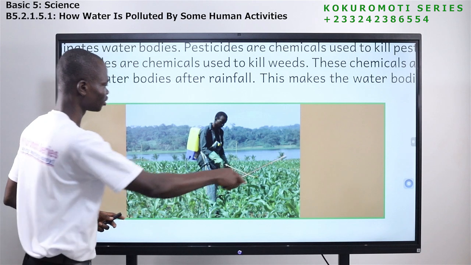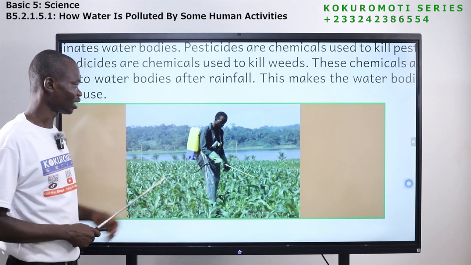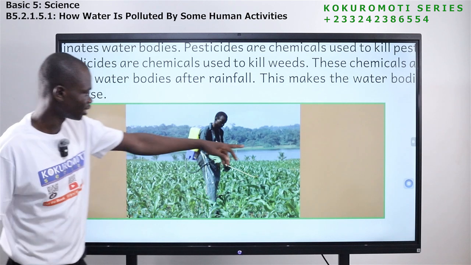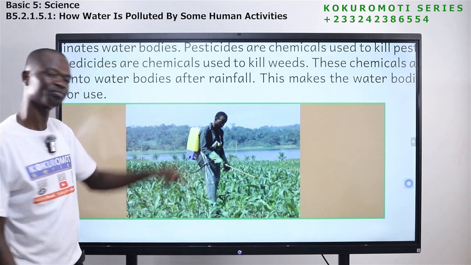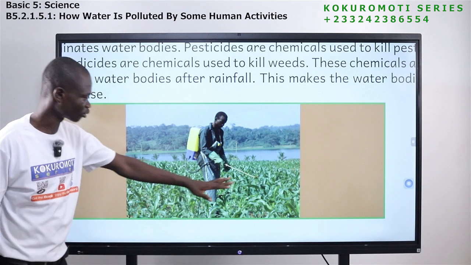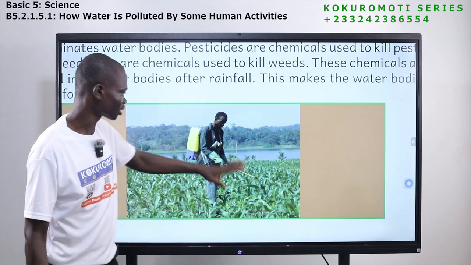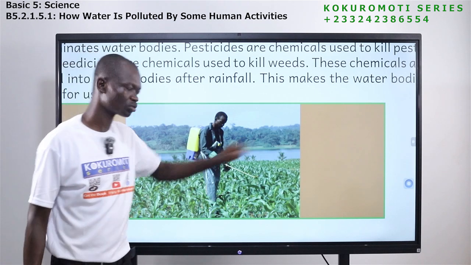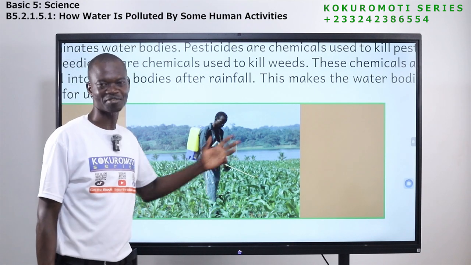You can even see that we have a water body here. The rain will wash everything into the water body. And I believe this man fetches water from the river here. So look at what we are doing. If it rains and the rain washes all the chemicals into the river, you go there again and fetch it.